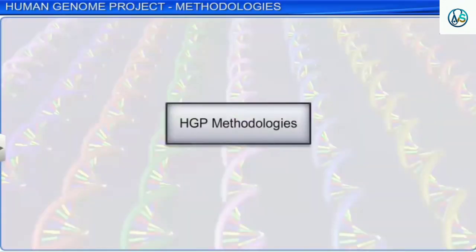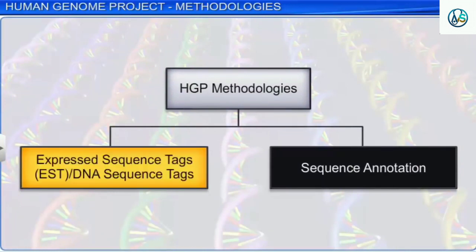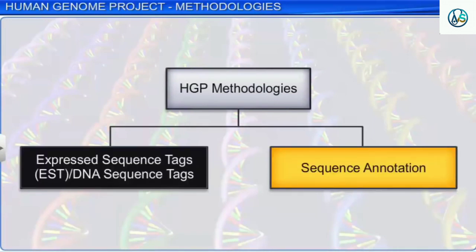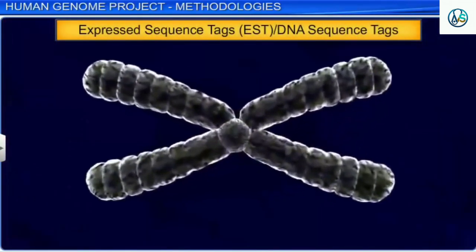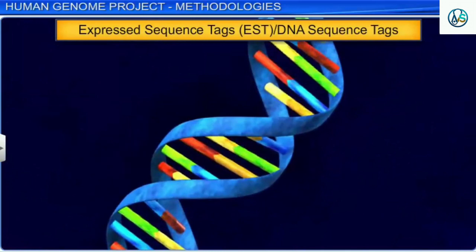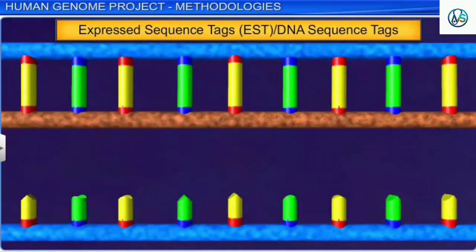HGP itself was made possible by two major methodologies of biological research, expressed sequence tags or ESTs, or DNA sequence tags, and sequence annotation. In the EST or DNA sequence tag method, the focus was on identifying and isolating all genes that expressed as RNA.